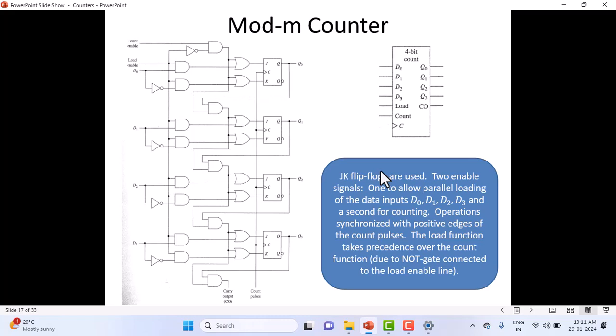This is binary. You can use this as a binary up counter. We can also use this as no change state. Just look at how this circuit works for various combinations of count enable and load enable. The explanation has been given here, and using this you can explain the working of the counter.